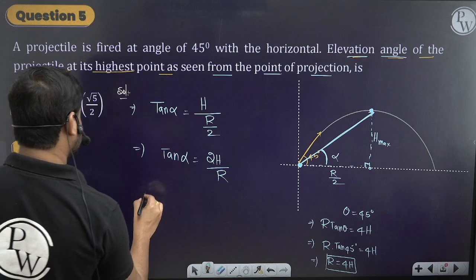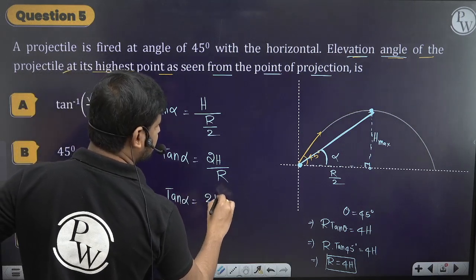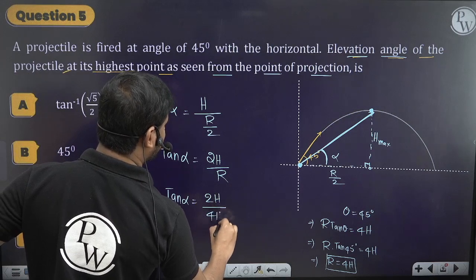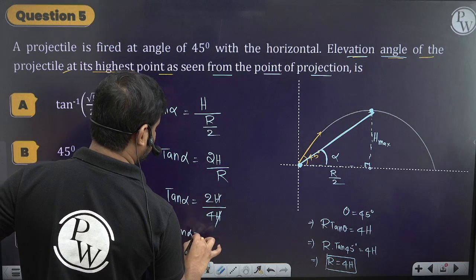So from here I can write tan alpha is equal to 2h, and in place of r I am writing 4h. So h cancels. So tan alpha is equal to 1 by 2.